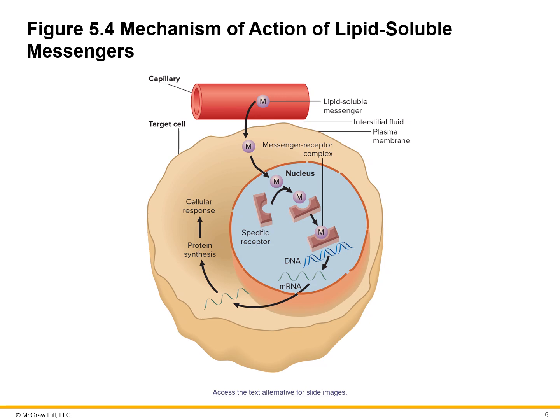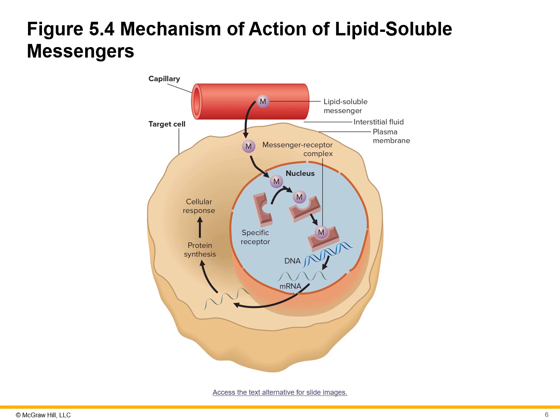So if this is a capillary and you have this lipid-soluble hormone that's going to pass through the plasma membrane, it's going to pass through the nuclear membrane, and it's going to attach to its receptor on a protein that will initiate the process of DNA transcription of a gene. So you make the mRNA, it travels to the cytoplasm, the ribosome creates the protein, and that is considered your cellular response.